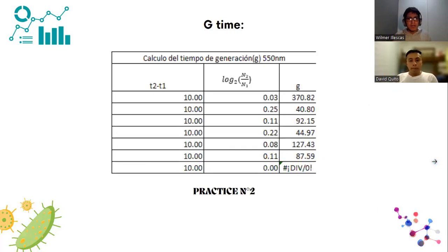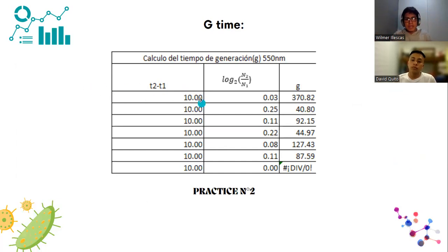Well, the next part, here we have the calculus of the generation time. What is it about? We said that it's going to be the time that it takes for a bacteria to duplicate itself. To do this, the only thing that you have to do is to subtract T2 minus T1 and get the magnitude of it.